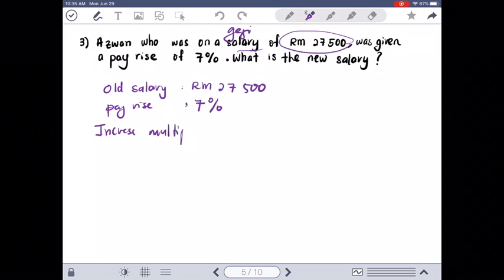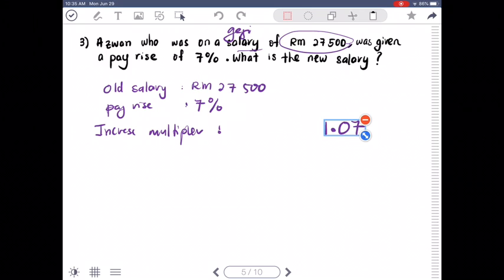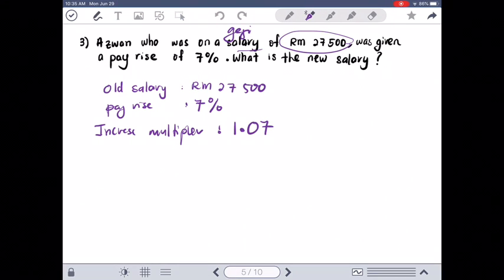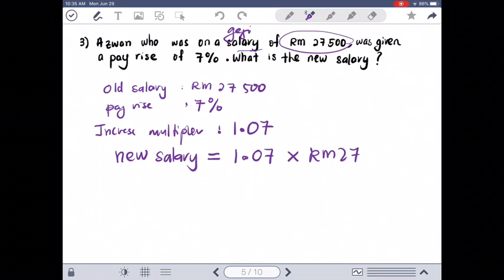The pay rise is 7%, so it's an increase. In terms of multiplier, he's going to have 107%, which corresponds to 1.07 as the multiplier. Therefore, our new salary is just equal to 1.07 multiplied by RM 27,500.